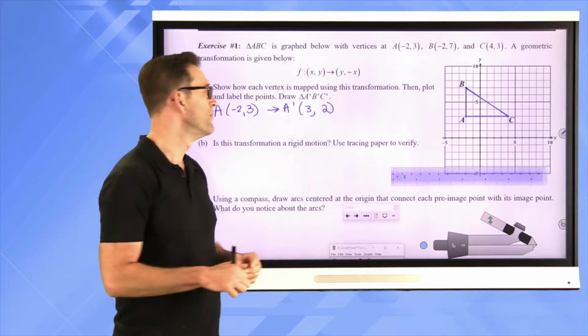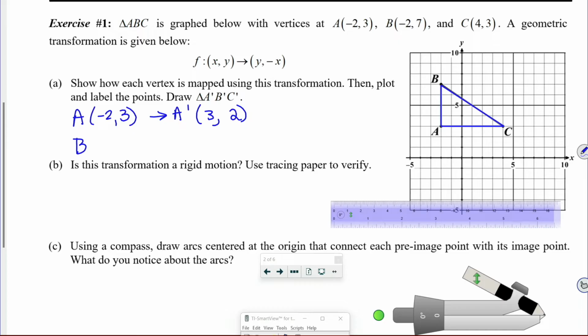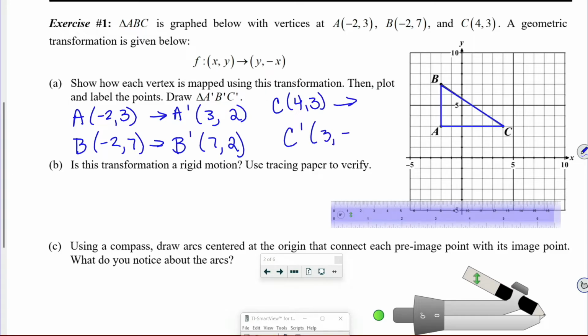All right, let's do it. So point B, which is at (-2, 7), will become point B' (7, 2). And C, which is at (4, 3), will go to C', which is (3, -4). Now let's draw this. A' is at (3, 2).